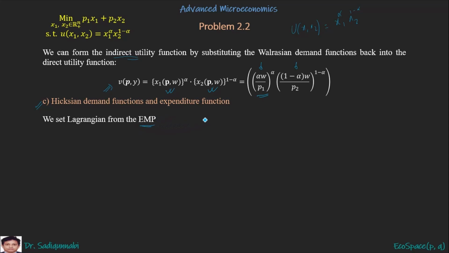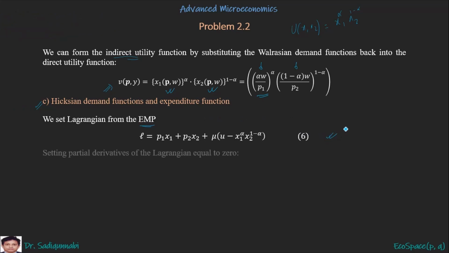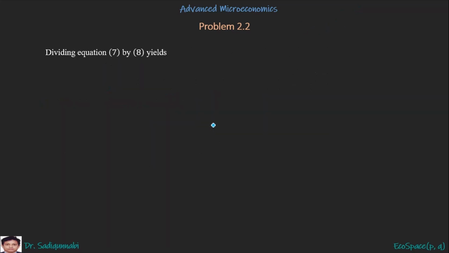So this is our Lagrangian function for EMP, and setting partial derivatives for the FOCs, we get equations number 7, 8 and 9. Again by dividing equation 7 by 8 and simplifying, we get x2 equals x1 times (1 minus alpha) p1 divided by alpha p2.